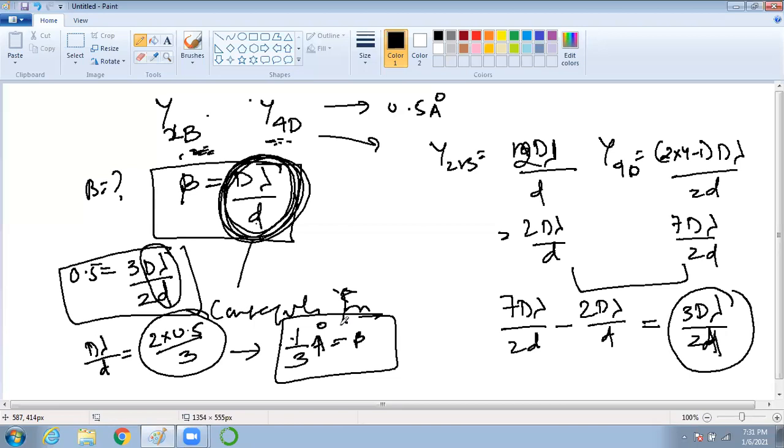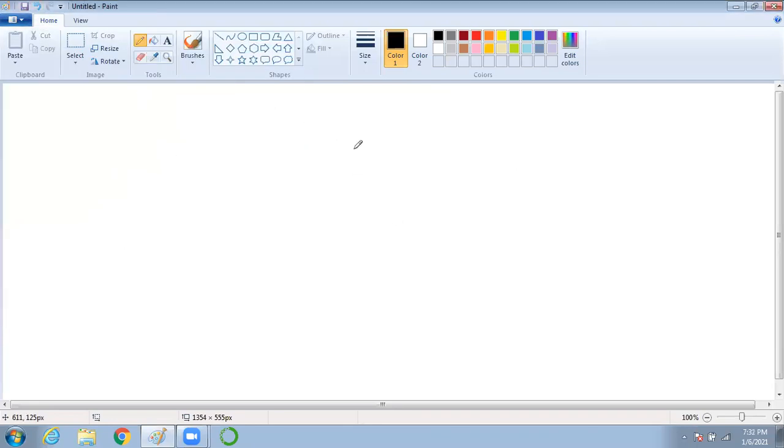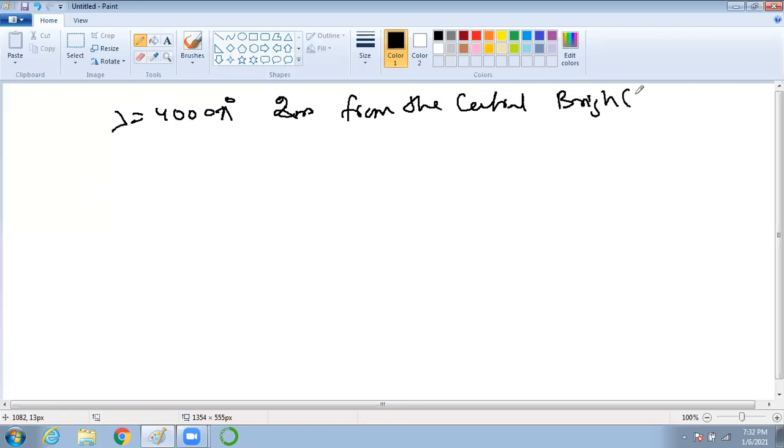Now, next problem I want you all to do. If the wavelength of light is 4000 angstrom, the first bright maxima is observed at 2 meter from the central bright.